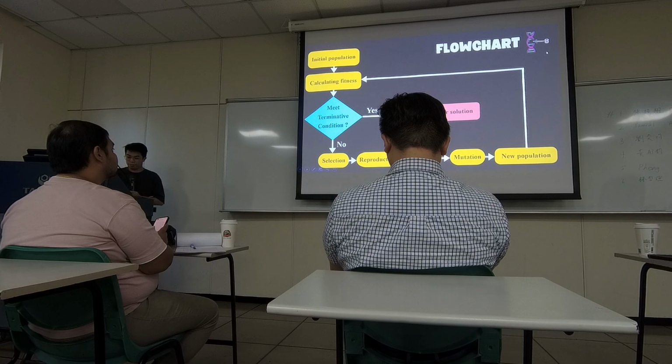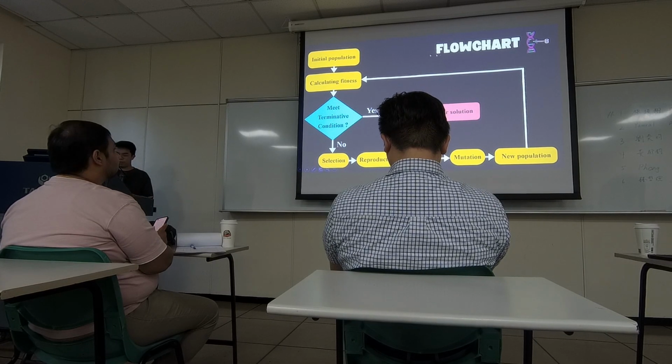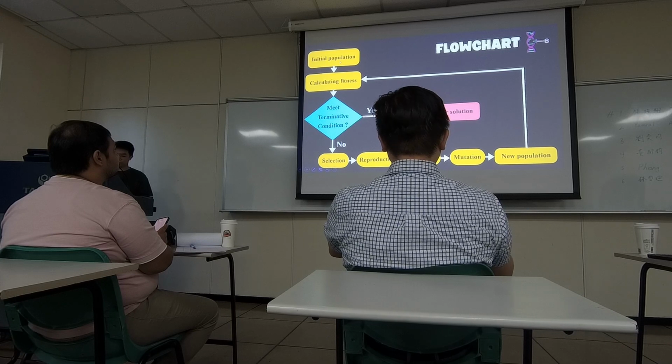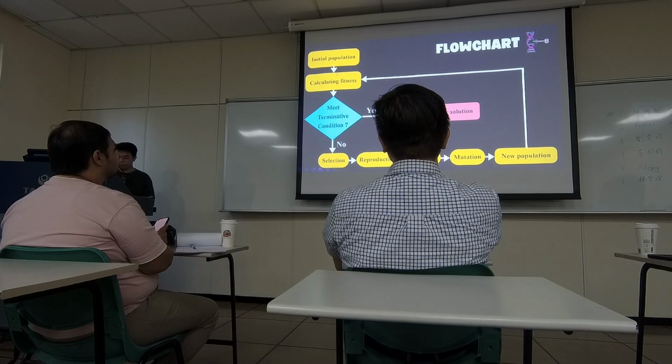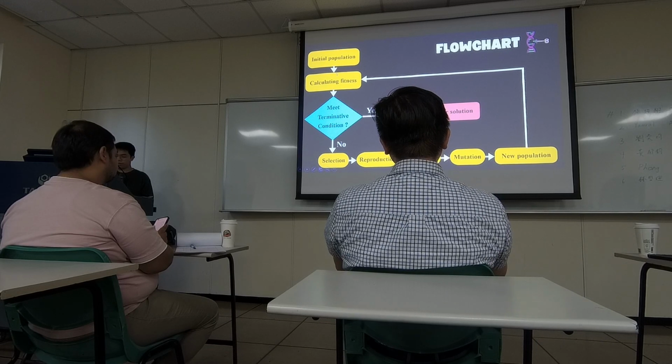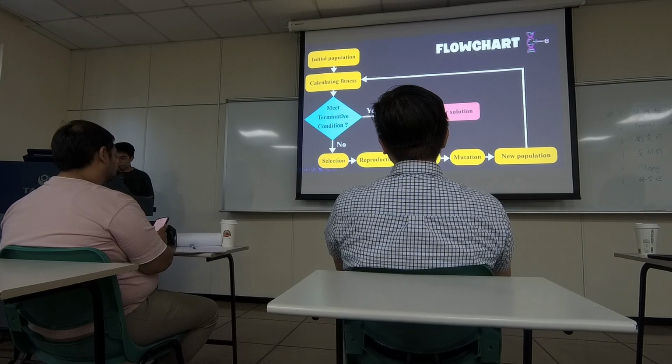Flowchart. First, there will be an initial population, containing many different chromosomes. In the second step, calculate the fitness of this population.